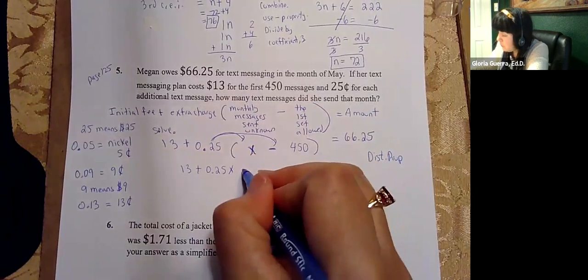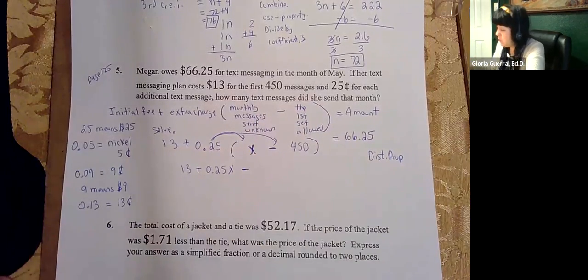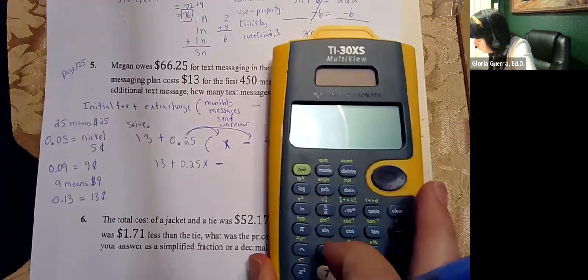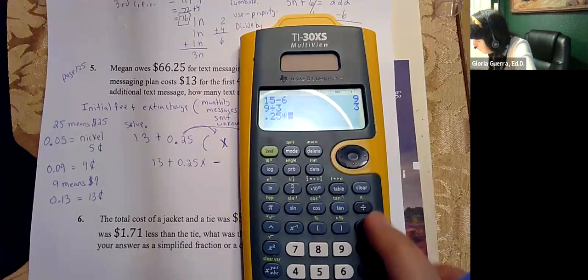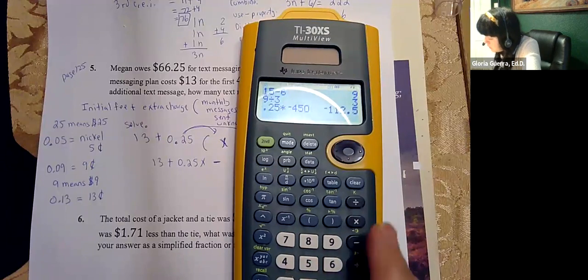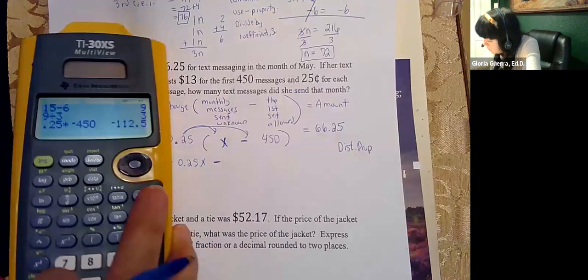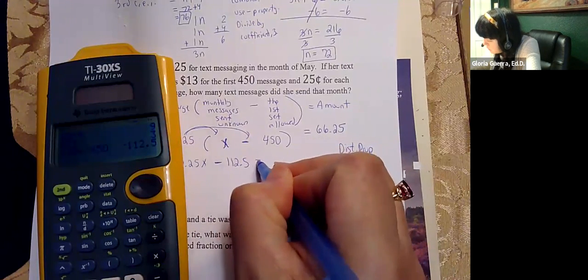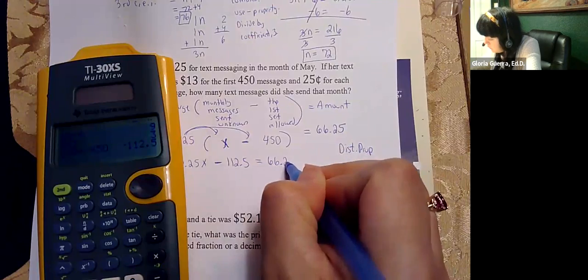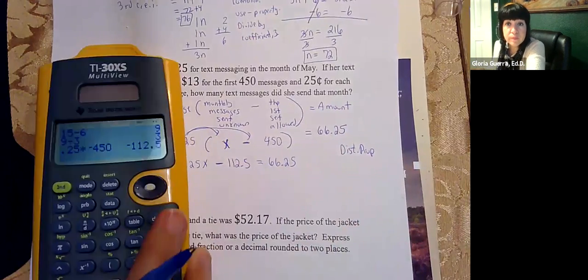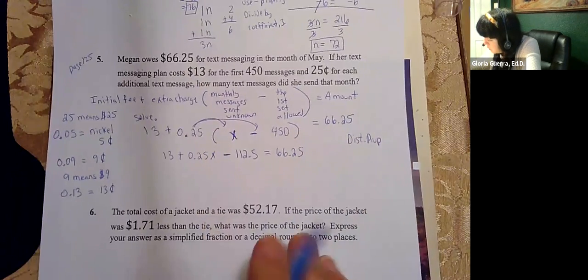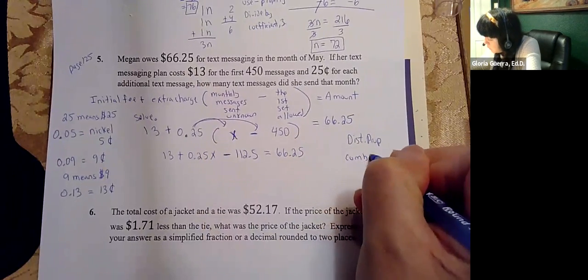So you know that's a negative, because different signs have negative results. 0.25 times negative 450 is a negative 112.5, and then equals $66.25. And then now you're going to combine like terms.